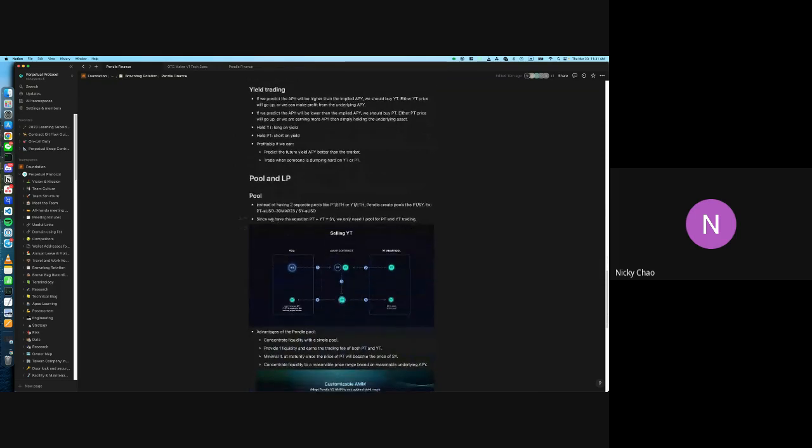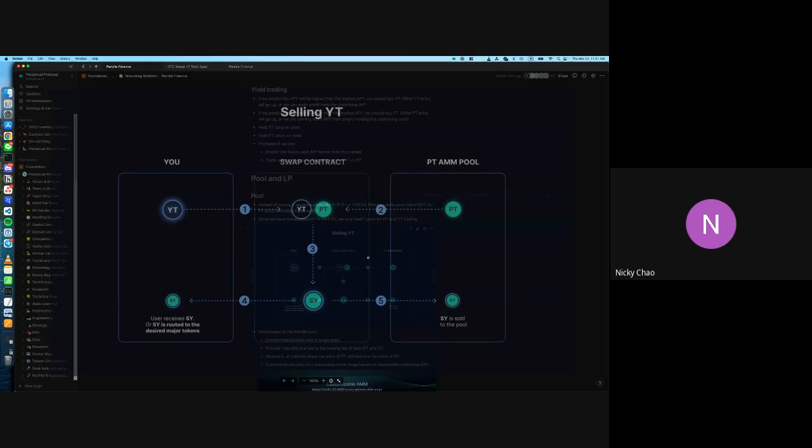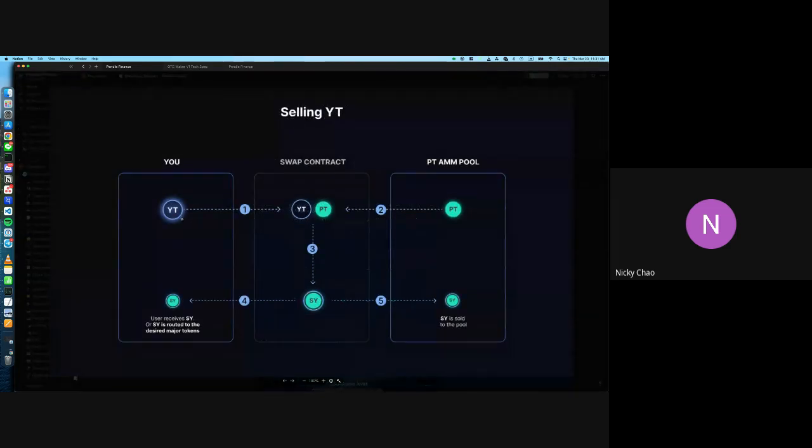The interesting thing is that they only have one pool, but they can do the YT trading with this pool. So what happens under the hood, I'll give an example: if you want to sell YT with this AMM pool, that means you want to sell YT into some underlying assets, so you will finally get SY token.